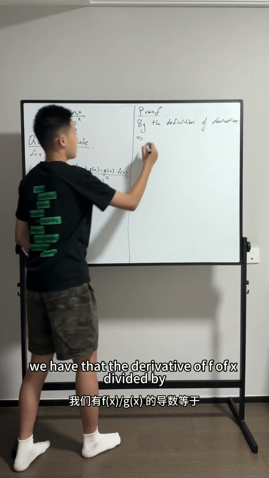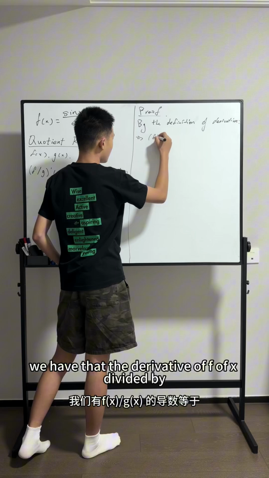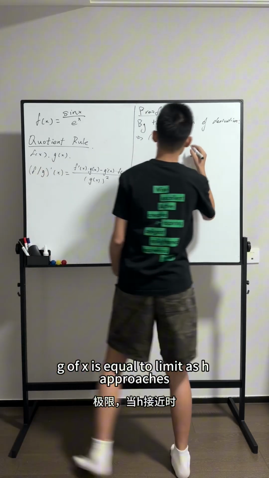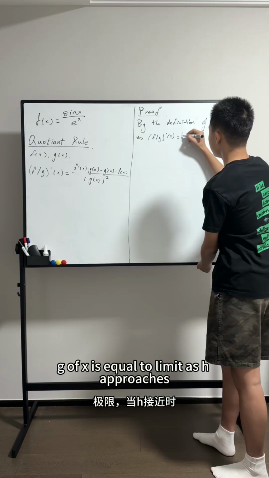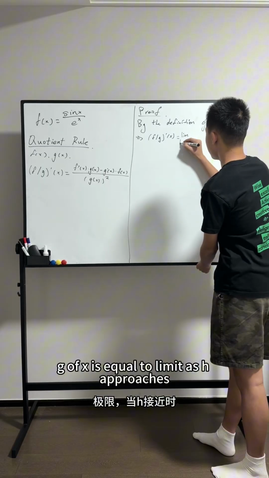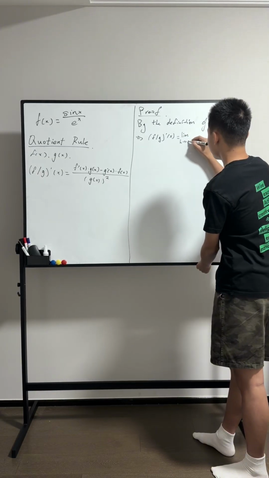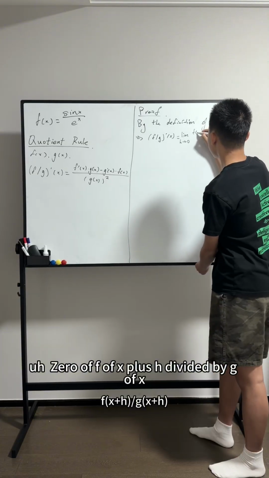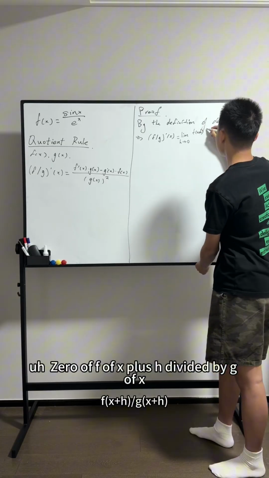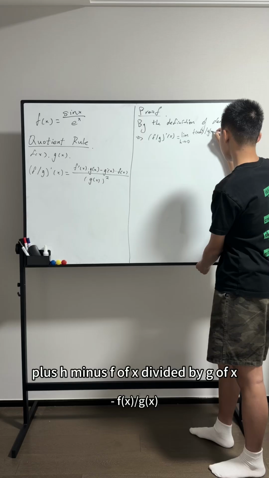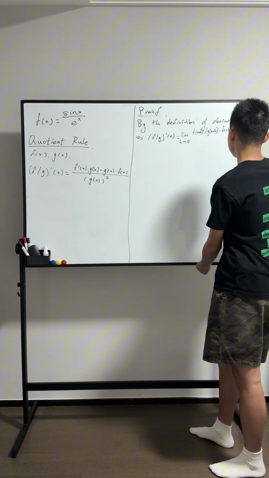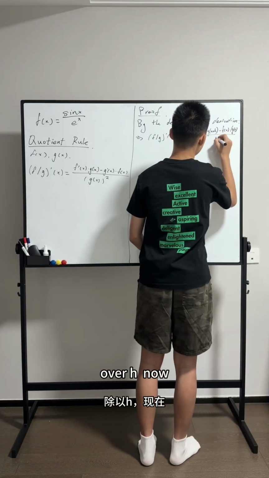we have that the derivative of f of x divided by g of x is equal to the limit as h approaches 0 of f of x plus h divided by g of x plus h, minus f of x divided by g of x, over h.